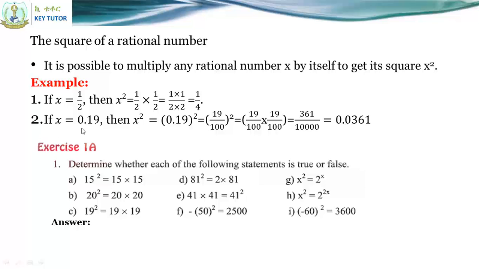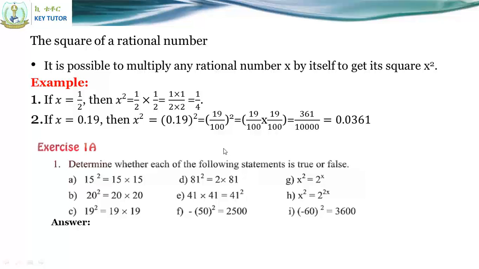Similarly, if you have given just a decimal number 0.19, then when you want to square it, it's better to write it into a fraction form. 0.19 can be written as 19 over 100 squared, and 19 over 100 times 19 over 100 is obviously 19 times 19, which is 361 over 10,000. And finally it gives you 0.0361.